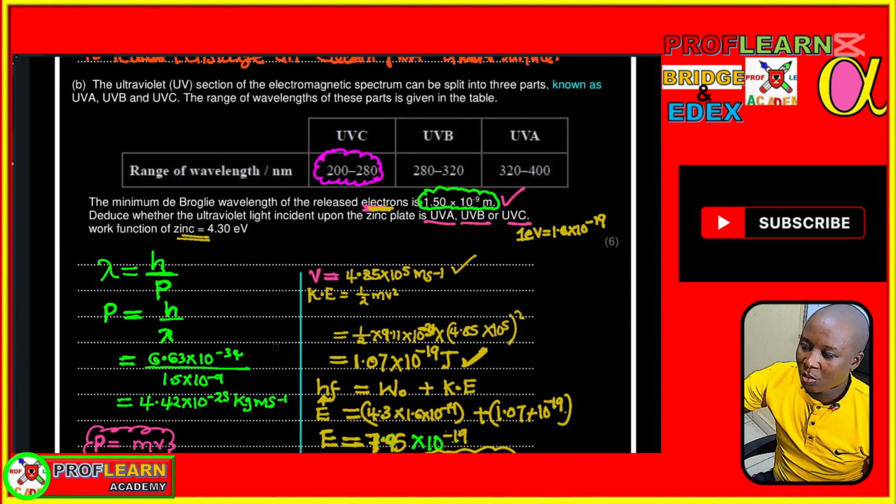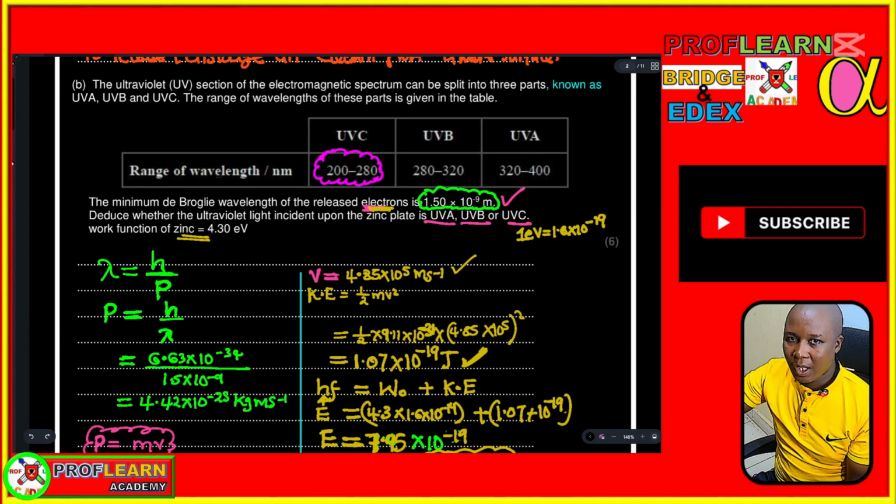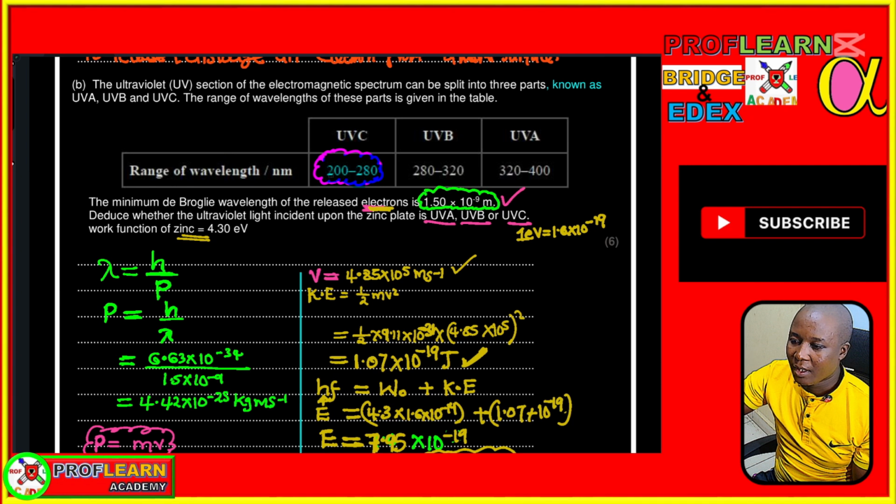So what we need to do in order to answer this question is to work out the wavelength. Once you have the wavelength, you can compare it against the values that we have in this case.